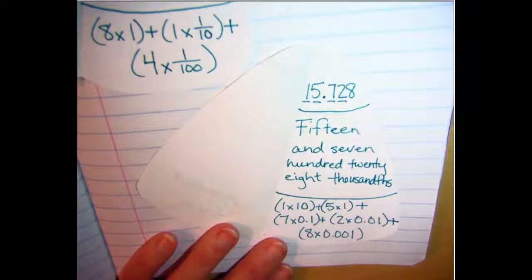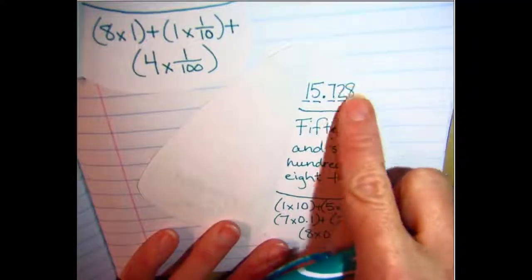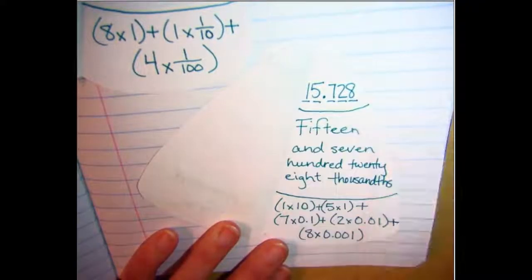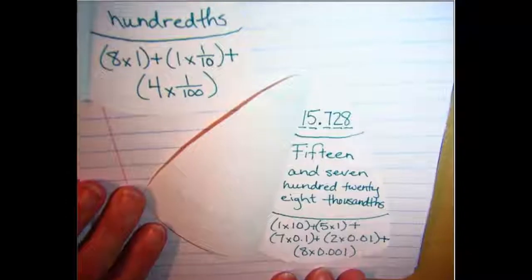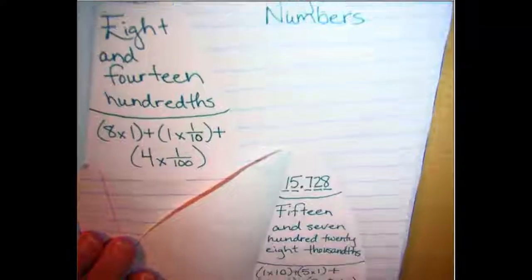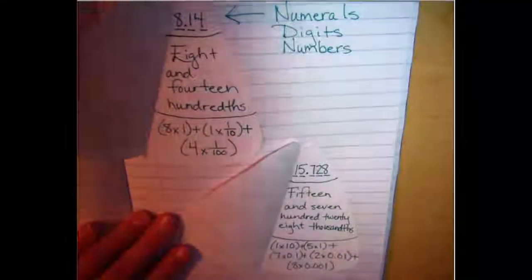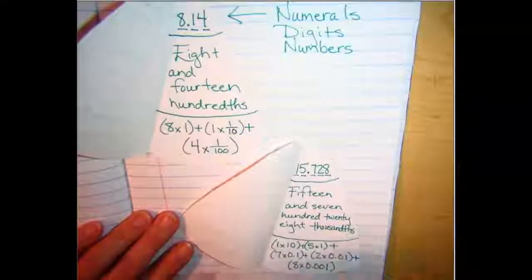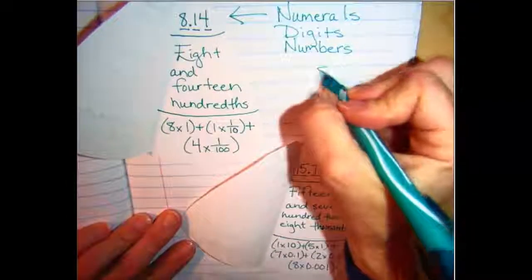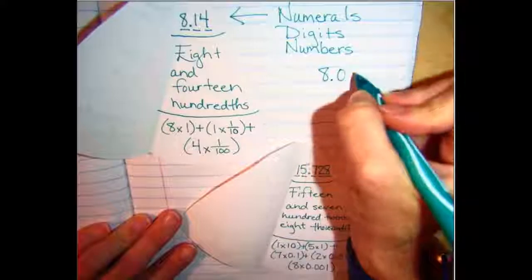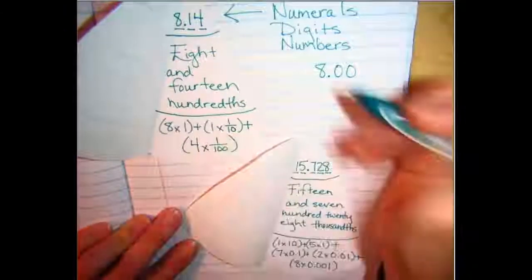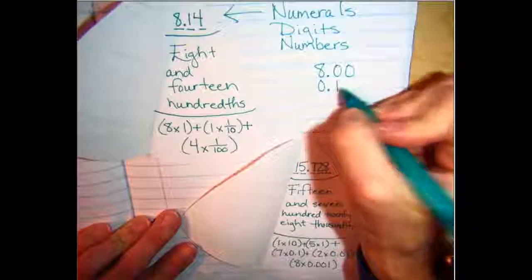We're multiplying it by things that will give us these numbers. And guys, if you look back at the first one, if I want to get back to 8 and 14 hundredths, if I do 8 times 1, I get 8. I do 1 times 1/10, I get 1/10.